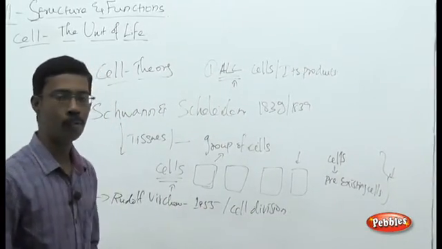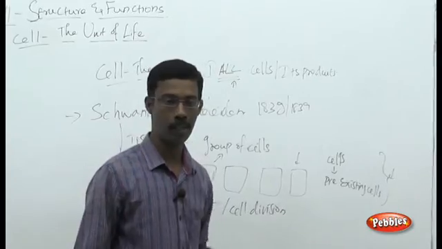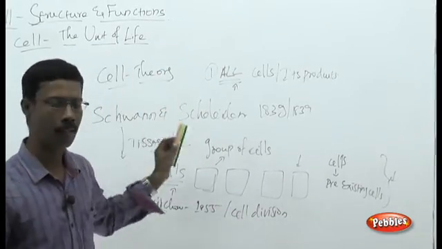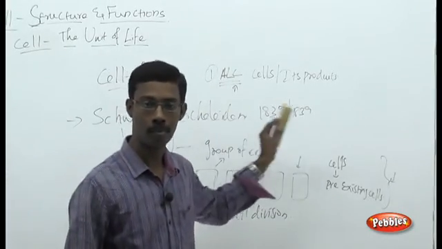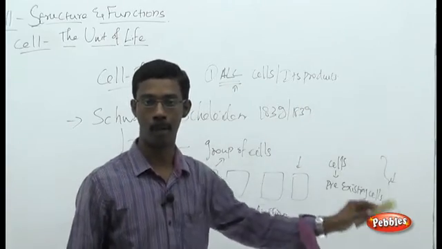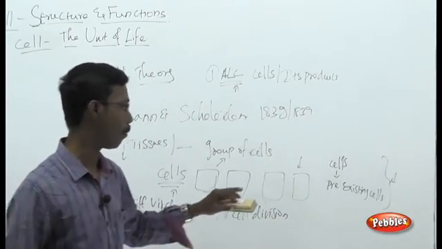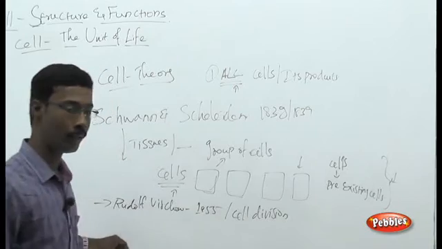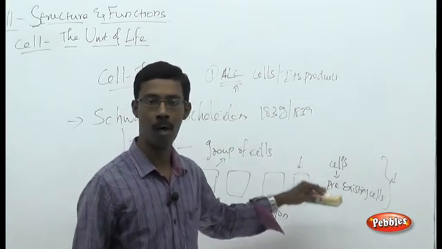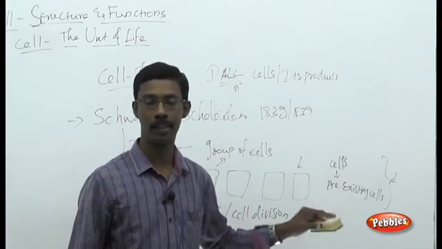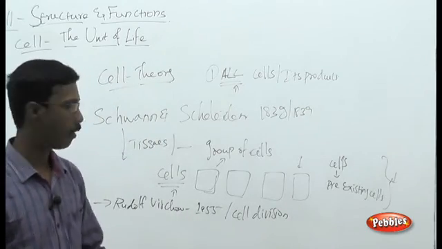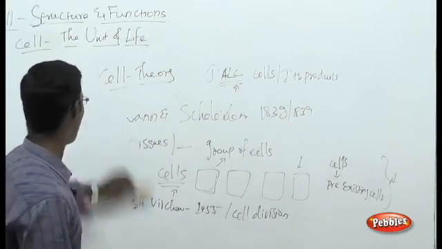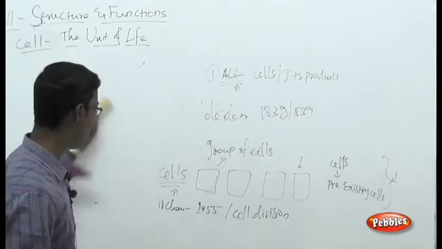So there are 2 points you have to remember in case of cell theory. The first thing, all the living organisms are made up of cells and its products. And the second major point you have to remember over here, proposed by Virchow, the cells are formed from the pre-existing cells by means of cell divisions. Okay, so these are the points you have to remember in case of the cell theory.